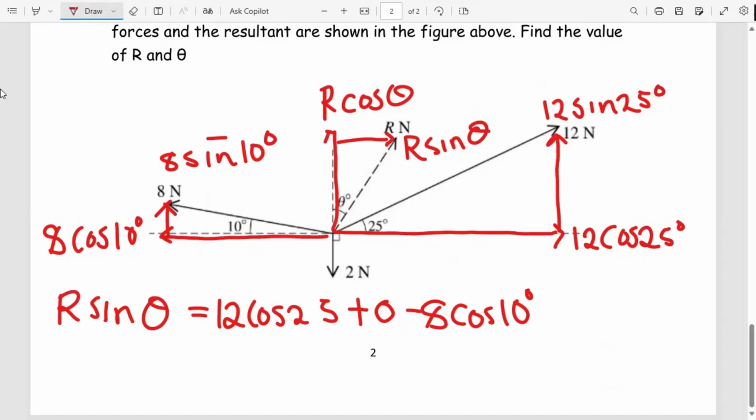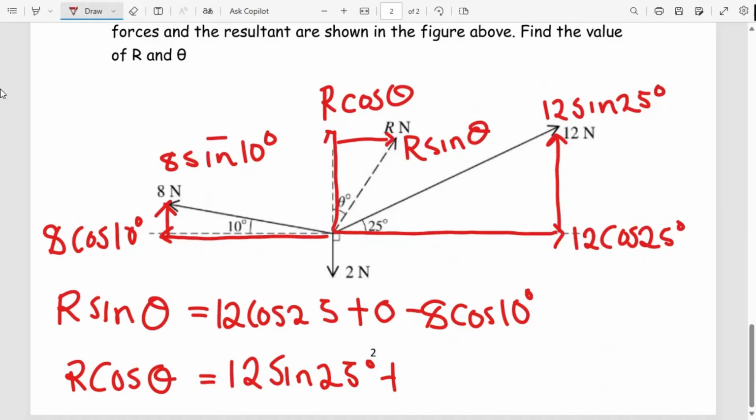And we're going to do the same with the y components. R cos theta, the y component of the resultant, will be equal to the y component of 12, which is 12 sine 25 degrees, plus 8 sine 10 degrees, since it's pointing in the positive direction, minus 2.